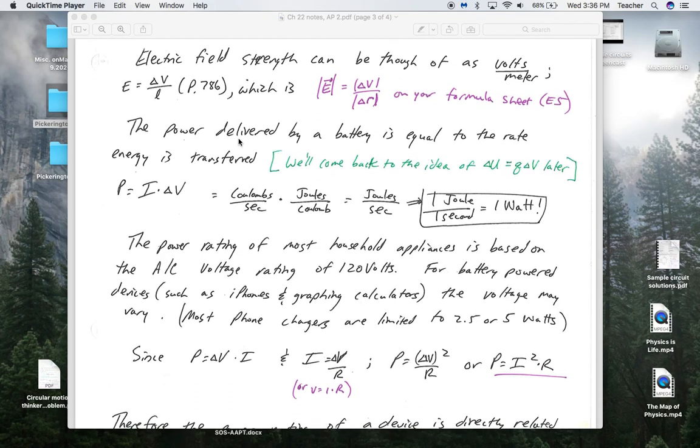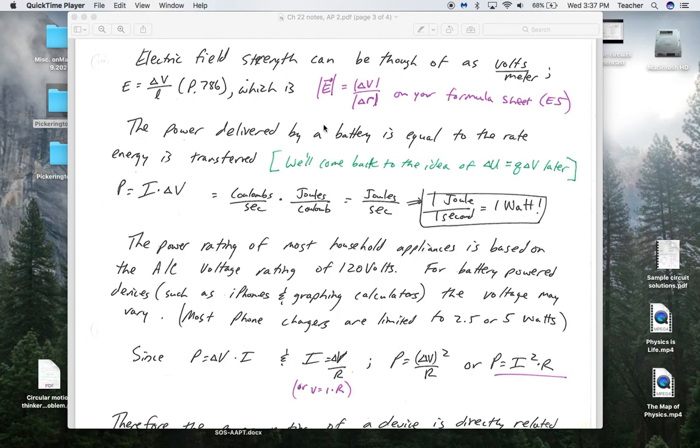The power delivered by a battery is equal to the rate at which energy is transferred. So we'll come back to this. Actually, we've already talked about that in terms of potential energy is charge times potential difference. So if we think about this in terms of circuits, we can think of current flow times change in potential would equal the power. Why? Well, current is coulombs per second. That's the flow rate. Delta V, or potential difference, is joules per coulomb. So that's energy per charge.